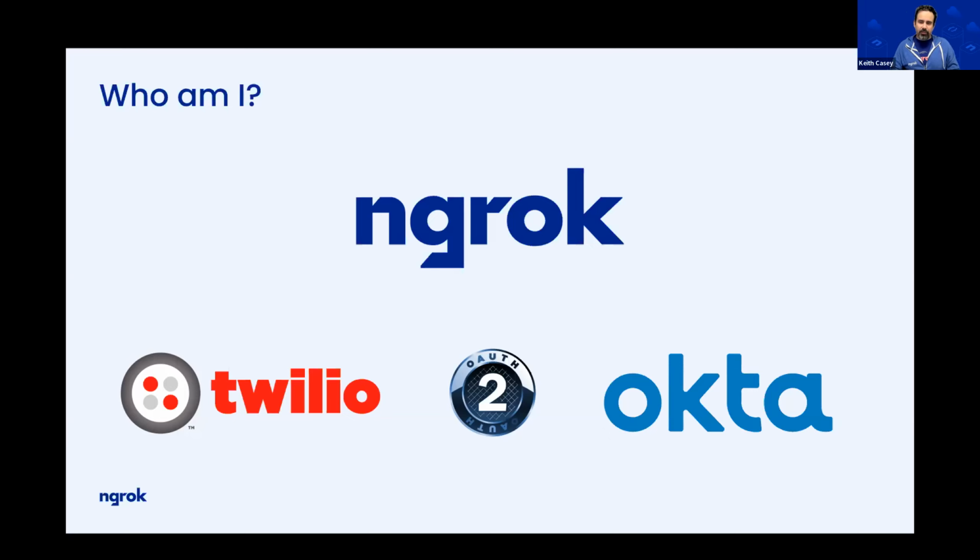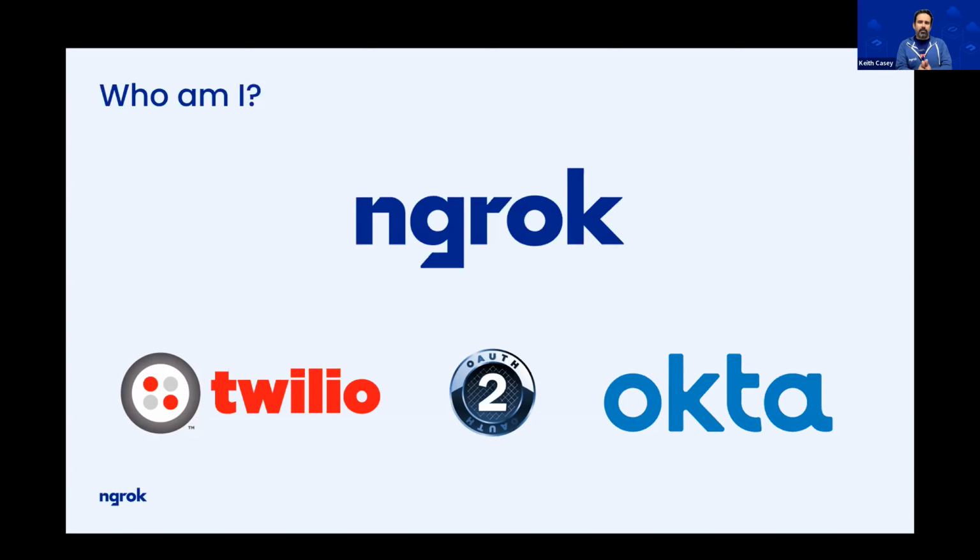After I left Twilio, I went over to a company called Okta, worked on their OAuth as a service product, because once those services and systems start interacting, they're going to need to interact securely. They're going to need to validate each other's identity, their credentials, their information, the token-based architecture that Jonas was just talking about. And then you move up one layer to my current job at ngrok.